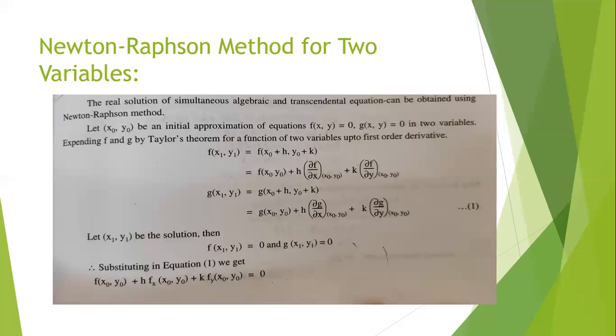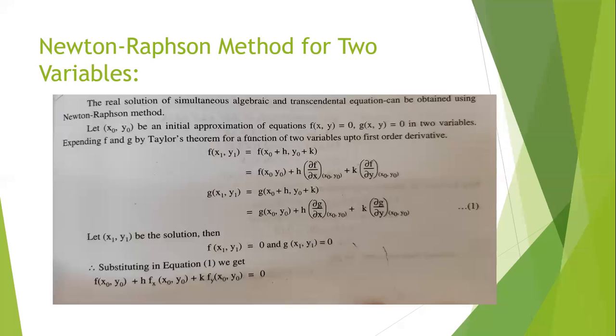Means first taking the function f of x0 comma y0, plus h, which is a constant, multiplied by the partial derivative of function f of x comma y with respect to x, and take the value of x and y, that is x0 comma y0.